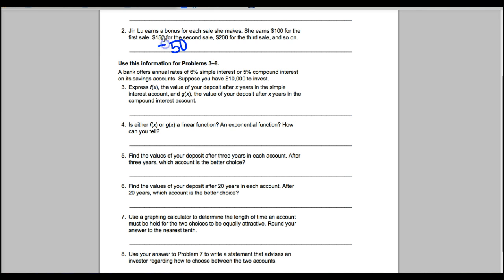We're adding 50 every single time, so this is going to be a constant difference, okay? And what that means is if you were to graph it, it's just going to look like a straight line. And so now, let's take a look from question number 3 all the way through 8.